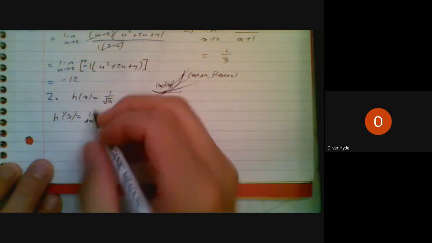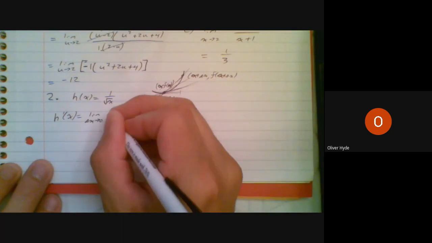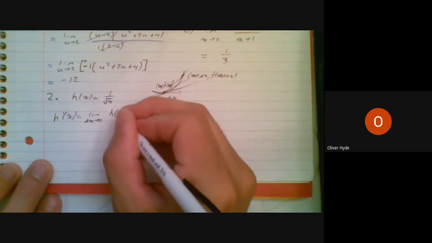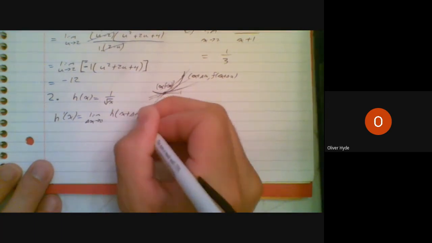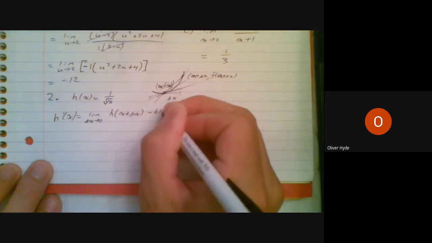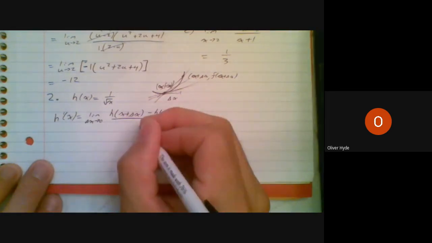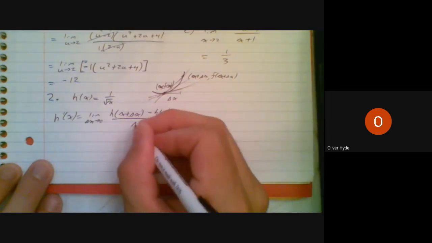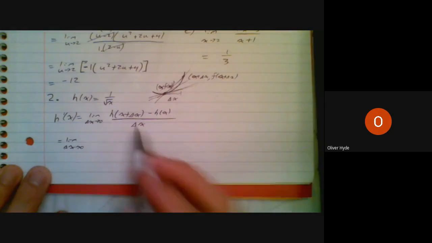Okay, we can't make delta x equal to 0. We're studying the limit as delta x approaches 0 of h of x plus delta x minus h of x all over delta x. That's going to equal the limit as delta x approaches 0 of, let's go to specific equations here.